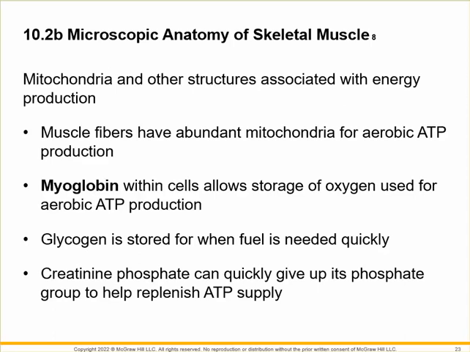muscles obviously are going to use a huge amount of ATP. It takes a lot of energy to contract a muscle. So that means muscle fibers have to have lots of mitochondria. They produce ATP aerobically because you want to get 36 ATPs out of every glucose molecule. So that's an important thing.